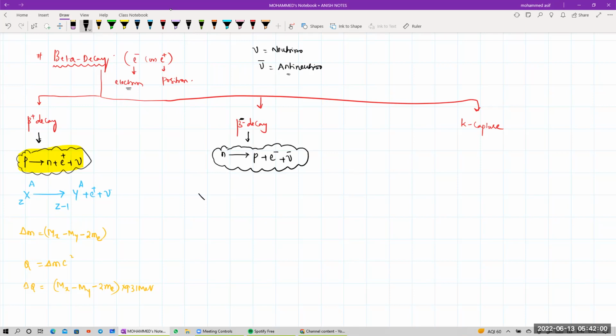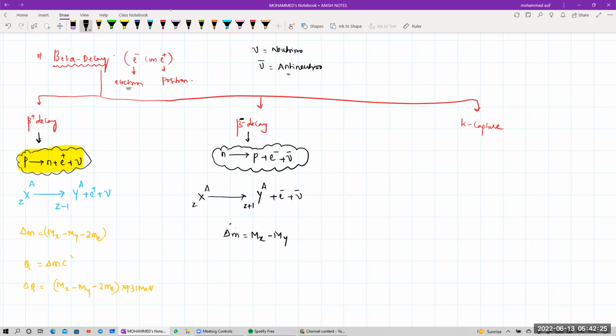In terms of the reaction, X with Z and A gives a daughter nucleus Y whose atomic number increases by 1 and mass number remains the same, plus an electron plus nu bar. The mass defect delta M is equal to mass of nucleus X minus mass of Y.